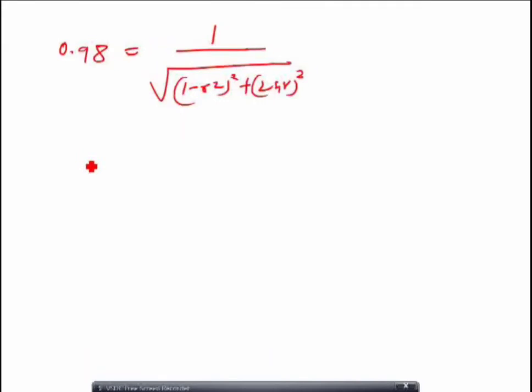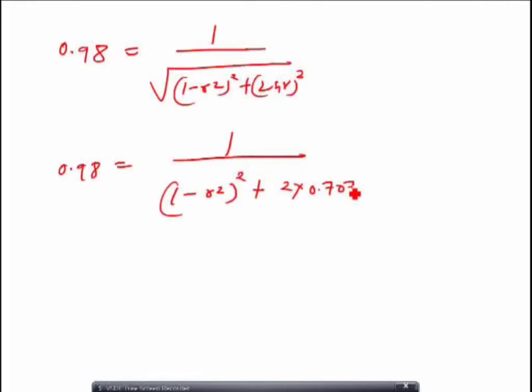You can take a square root on both sides, or you can write it like this: 0.98 is equal to 1 upon the square root of (1 minus r square) bracket square plus 2 zeta, where zeta is 0.707, into r bracket square. Or you can square on both sides, then cross multiply and solve this equation.